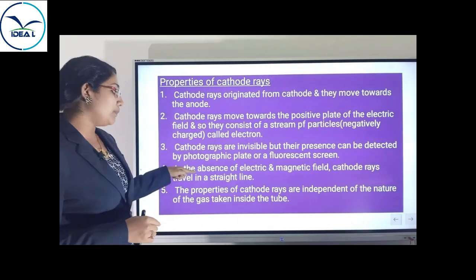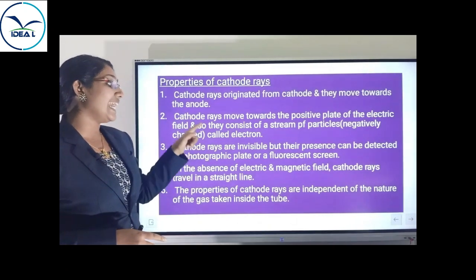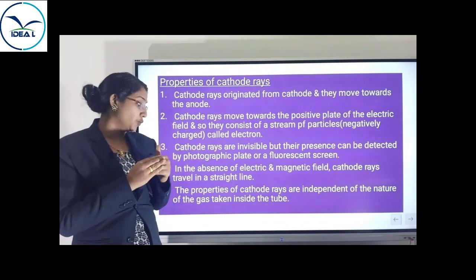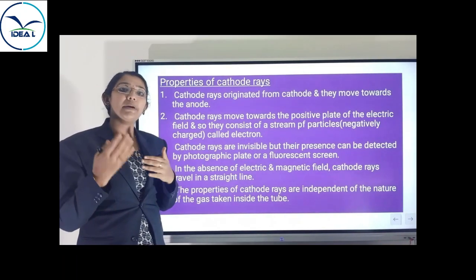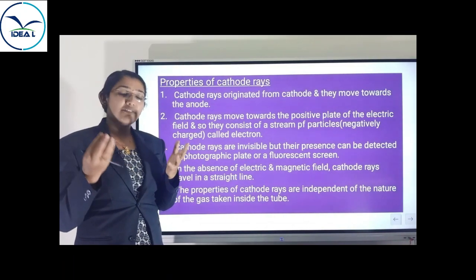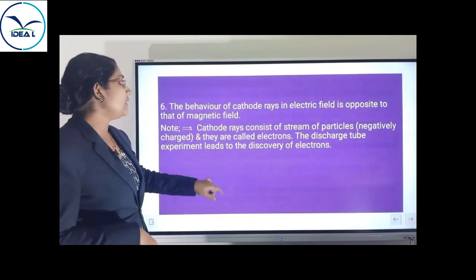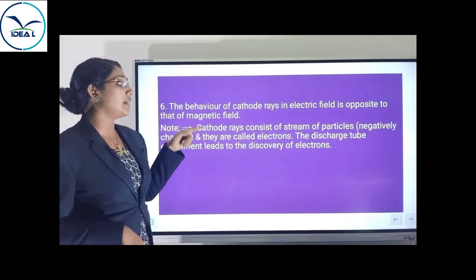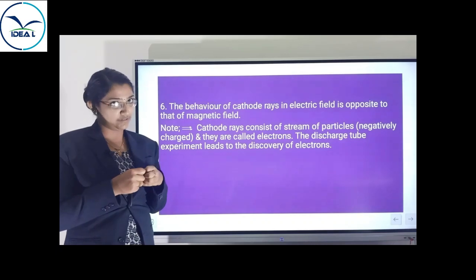The fifth property of cathode rays is that their properties are independent of the nature of the gas taken inside the tube, which means that cathode rays do not depend on the nature of the gas filled in the discharge tube. The last point is that the behavior of cathode rays in an electric field is opposite to that in a magnetic field.